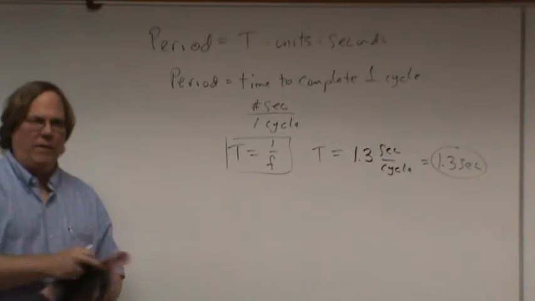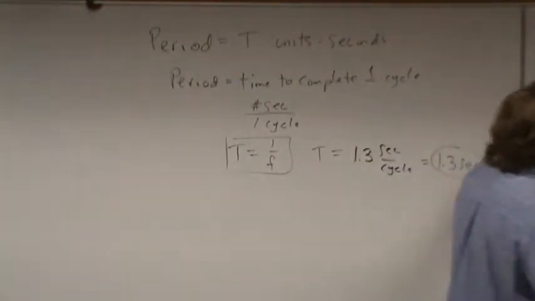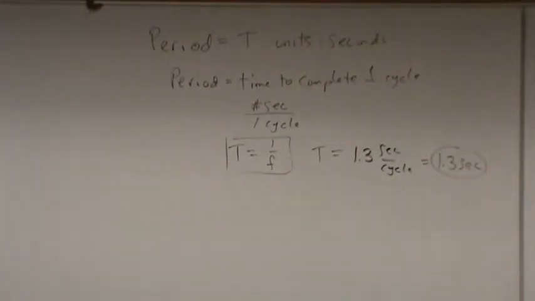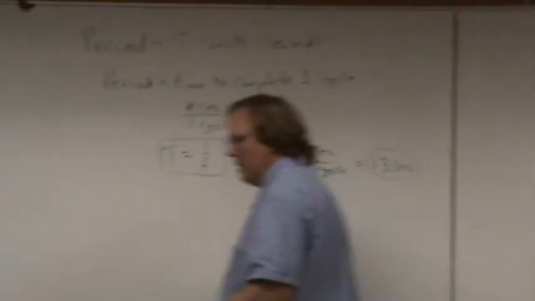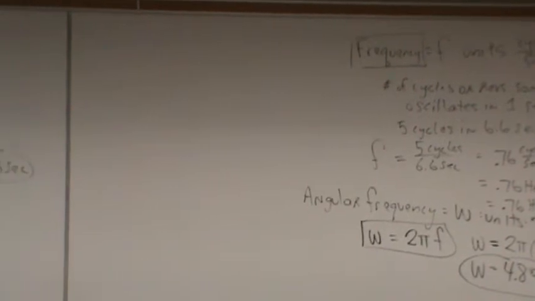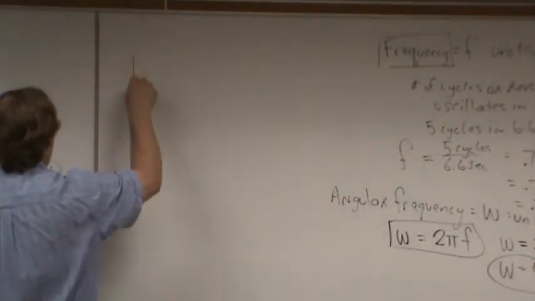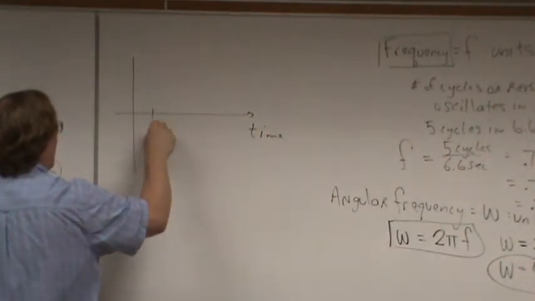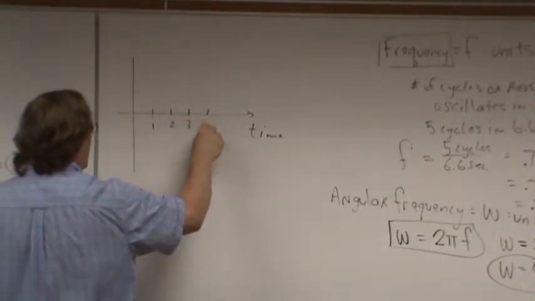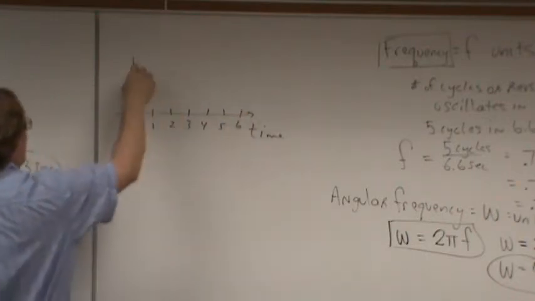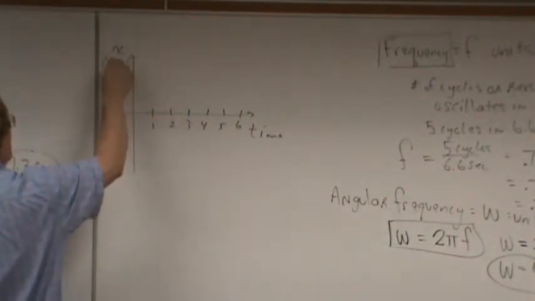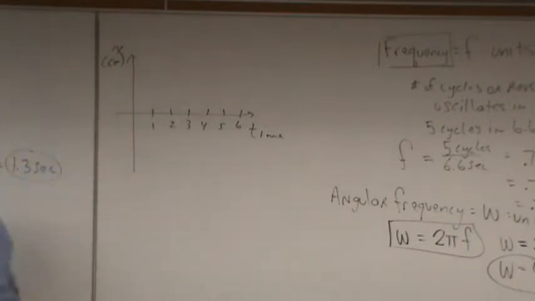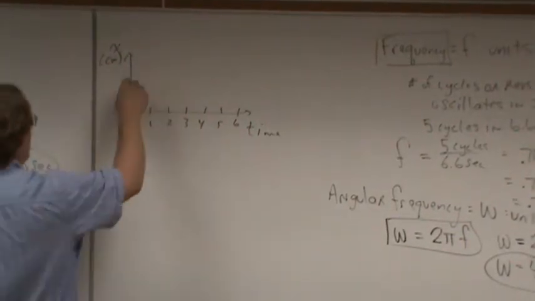Okay, if you're down with all of that, it's time for you to do one more problem involving amplitude, frequency, angular frequency, and period. Here it comes. Let's say I made a graph of position, in centimeters, of an oscillating spring mass system versus time.